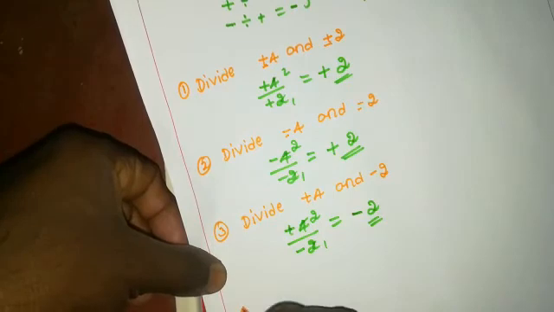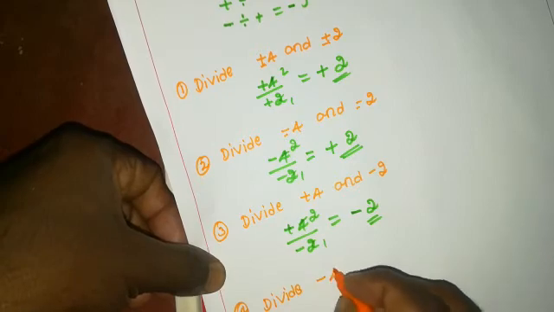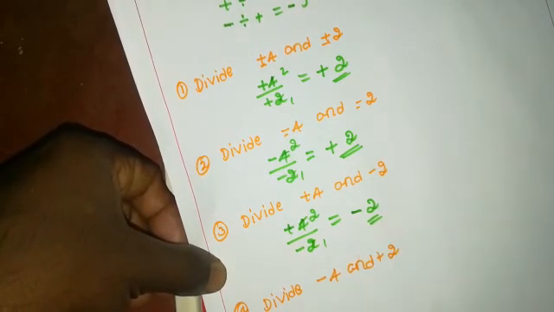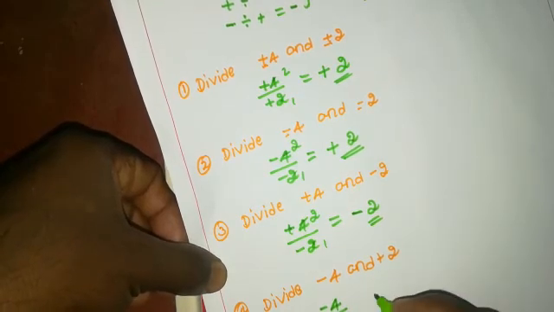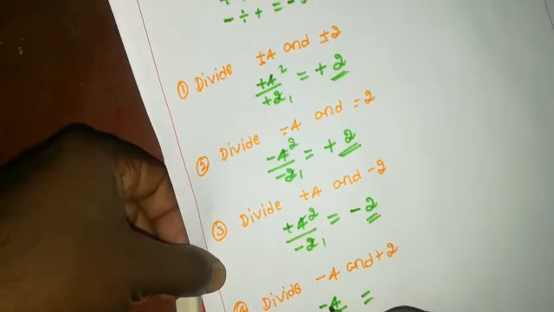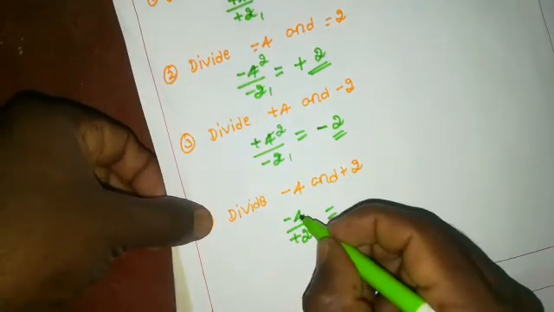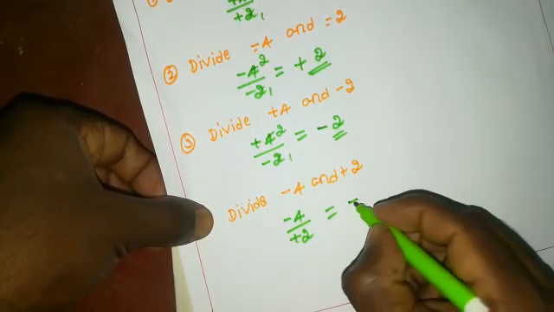Now next, suppose one is negative and another one is positive, then how do we divide? Let's see: -4 and +2. Now we have to divide -4 by +2. Here also the integers have the opposite sign. When we are dividing the opposite sign, we always get negative. Minus divided by plus is minus.